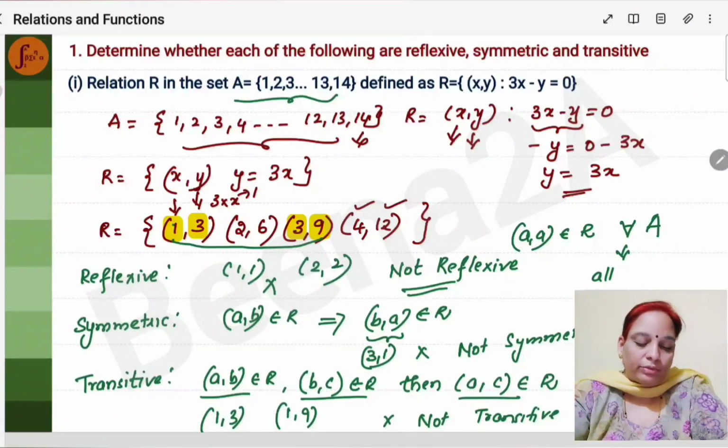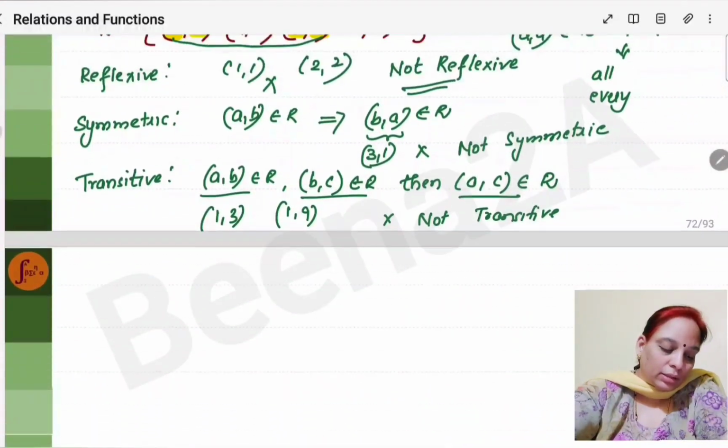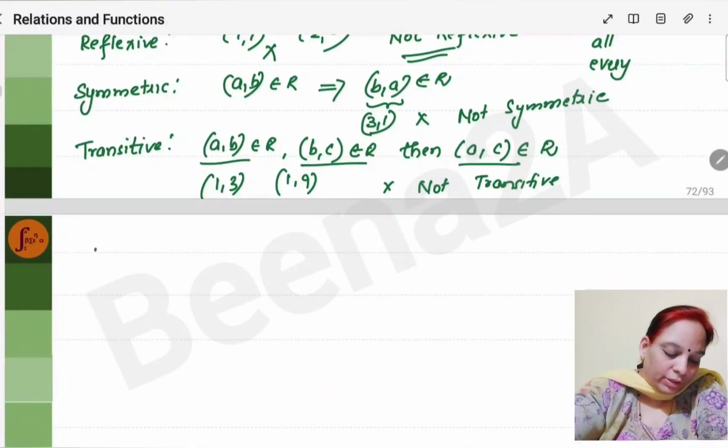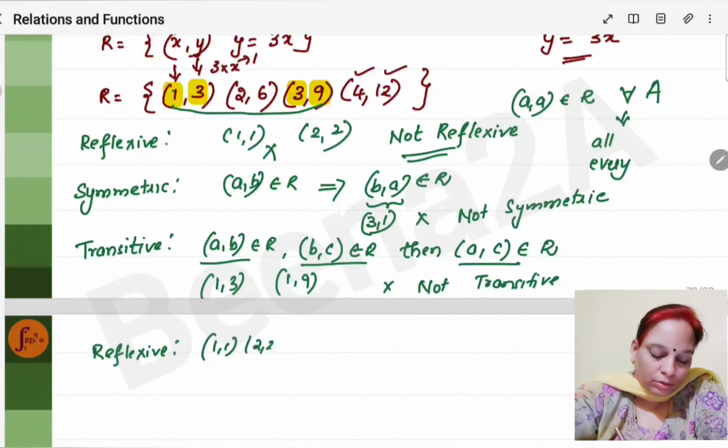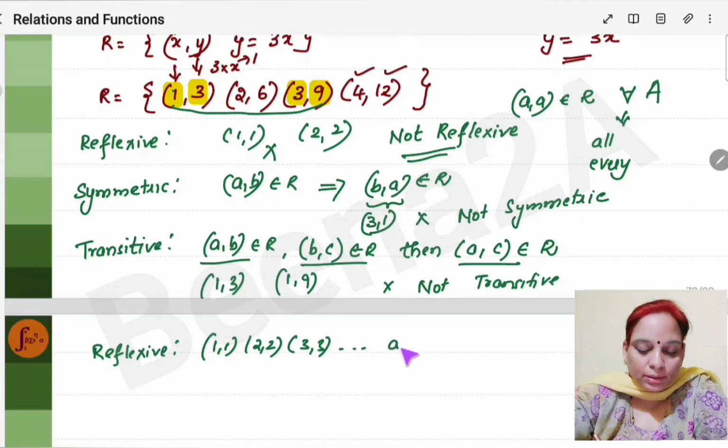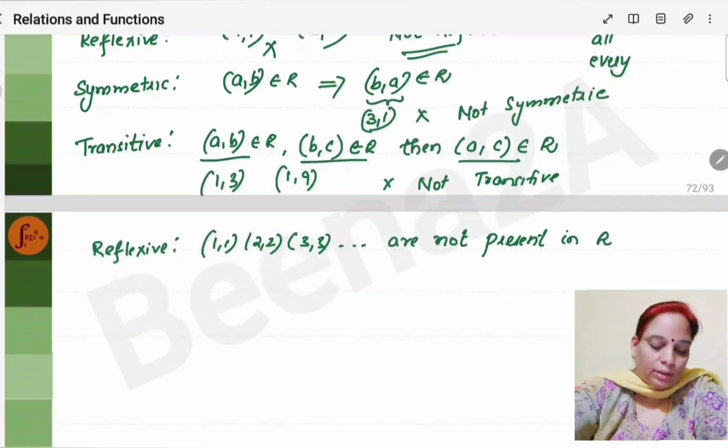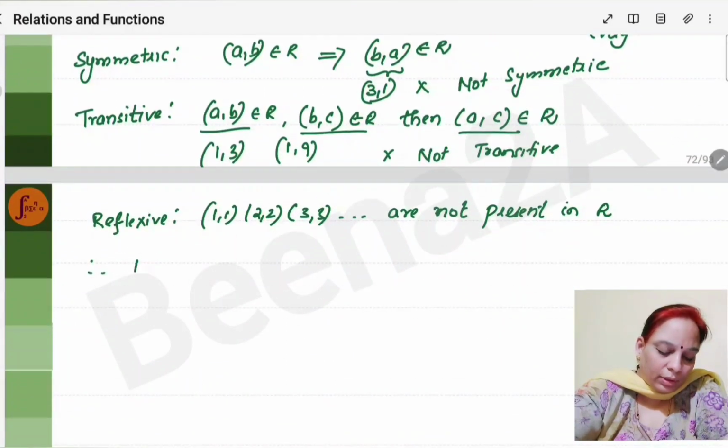Not transitive. So the way you should write the answer is, for reflexive, you can say 1 comma 1, 2 comma 2, 3 comma 3 are not present in R. Therefore, R is not reflexive.